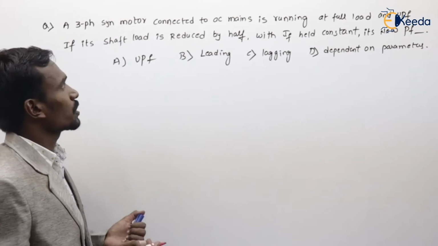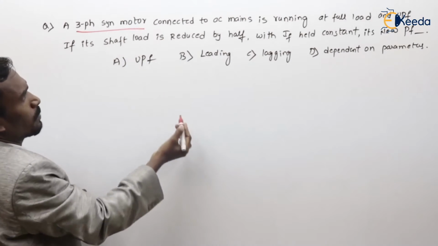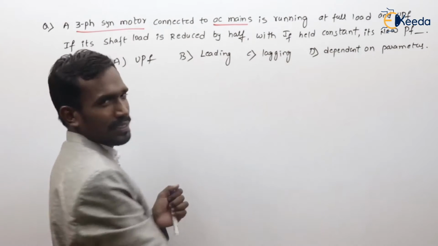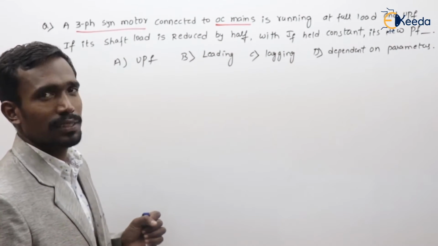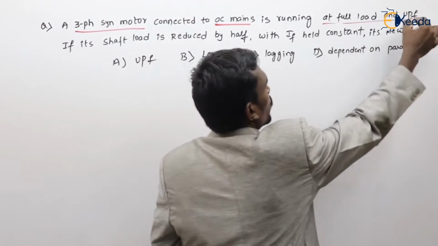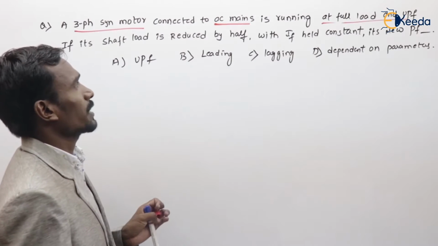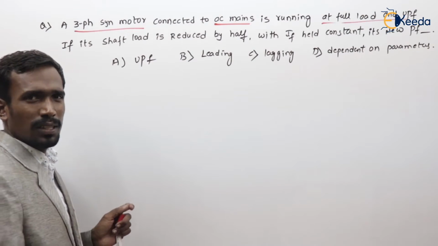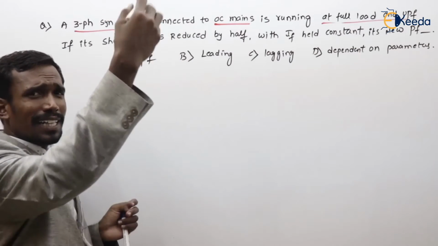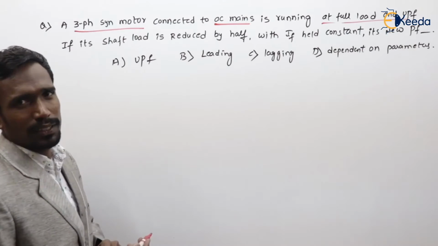Okay, next question. A three-phase synchronous motor connected to AC mains, running at full load unity power factor. That is, the synchronous motor connected to a bus bar, operating at full load unity power factor.